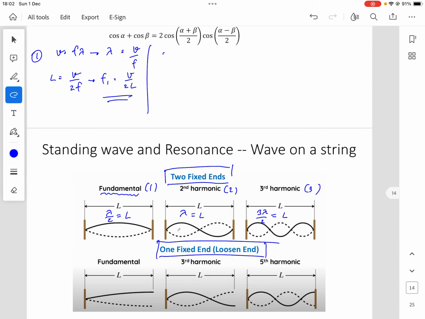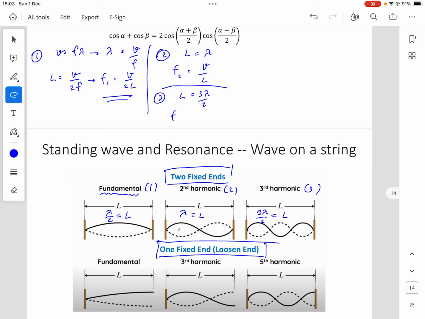The second one, my L equals lambda, and lambda equals v divided by f, so I can say that f2 is v divided by L. And the same for the third case: L equals 3 lambda divided by 2.